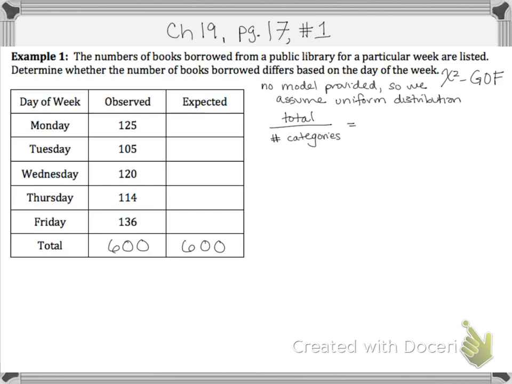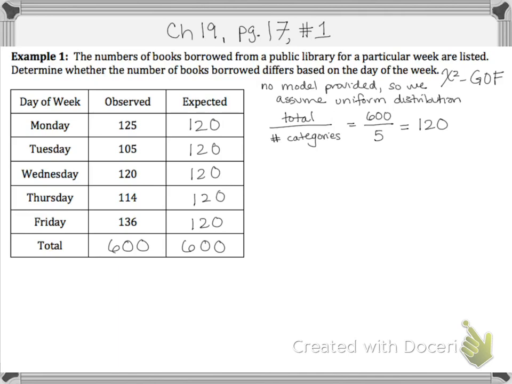I would take my total, which is 600, and the number of categories in this example are the 5 days of the week, the weekdays listed. So each one of these spots would be 120 books. So the expected number of books, in order to reach the same total of 600 by the end of the week, our expectation here would be that we borrowed exactly 120 books each day.